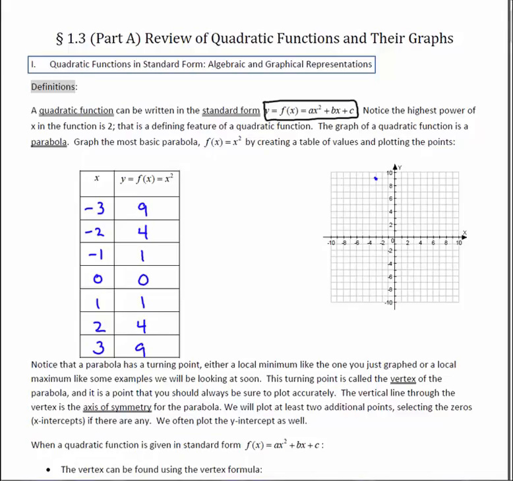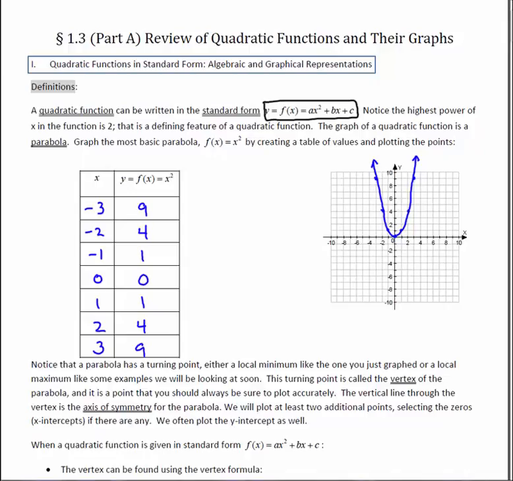So -2, 4, -1, 1, 0, 0, 1, 1, 2, 4, and 3, 9. And we can see this kind of a steep U shape, which is our classic parabola shape. And it's going to keep on going up forever.